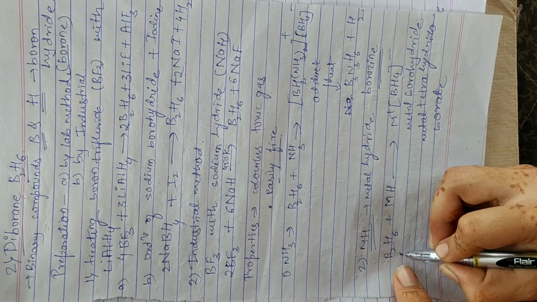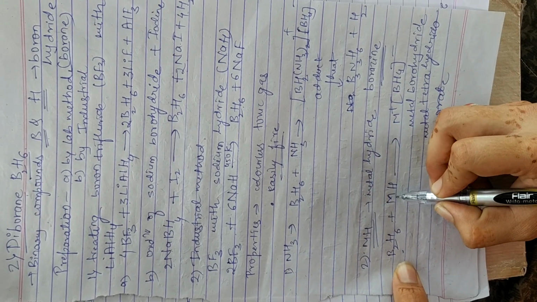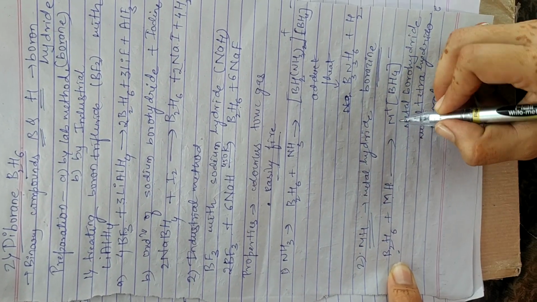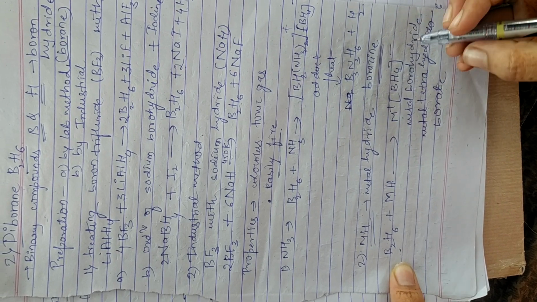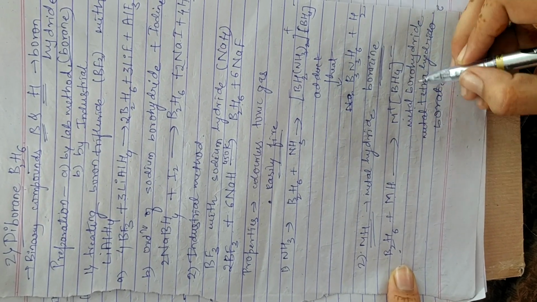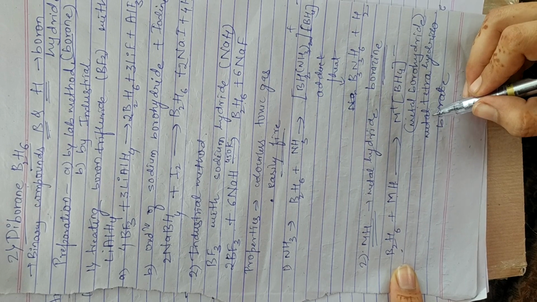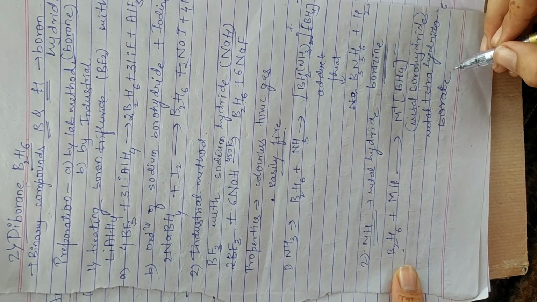When diborane reacts with the metal hydride, the product is metal borohydride or else metal tetrahydridoborate.